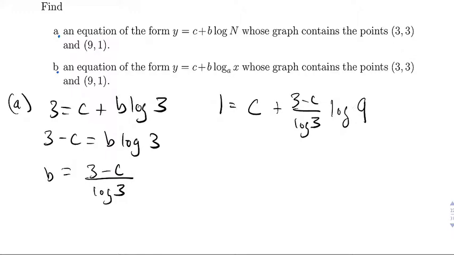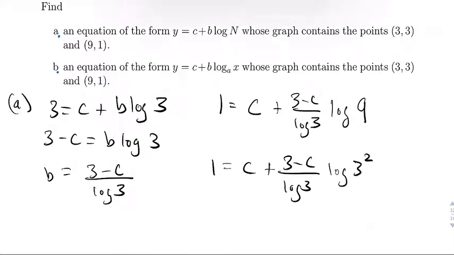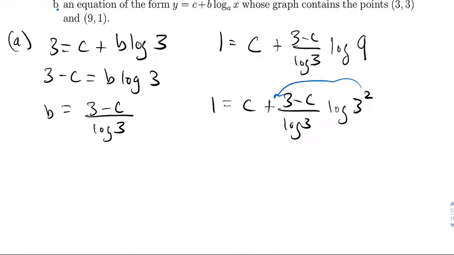But 9 is the same as the log of 3 squared. So now the exponent can go in front of the log, and we'll put it here. And it's the same, using the commutative property of multiplication.